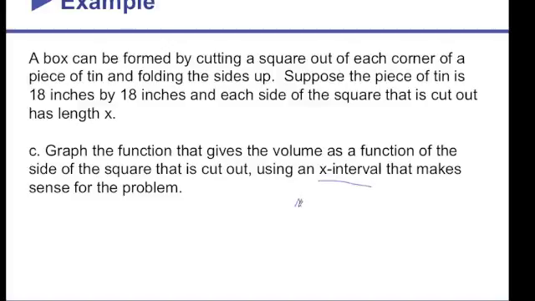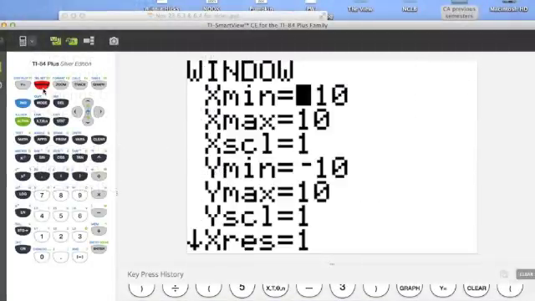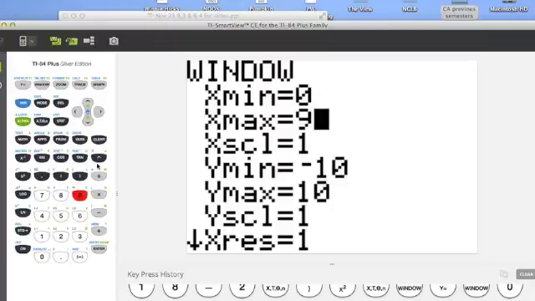We have no box at x equals 0 and x equals 9, so the interval that would make sense is between those two. Going to my calculator, here we've entered the equation, and let's look at our window. We decided we needed 0 to 9 for our x values.